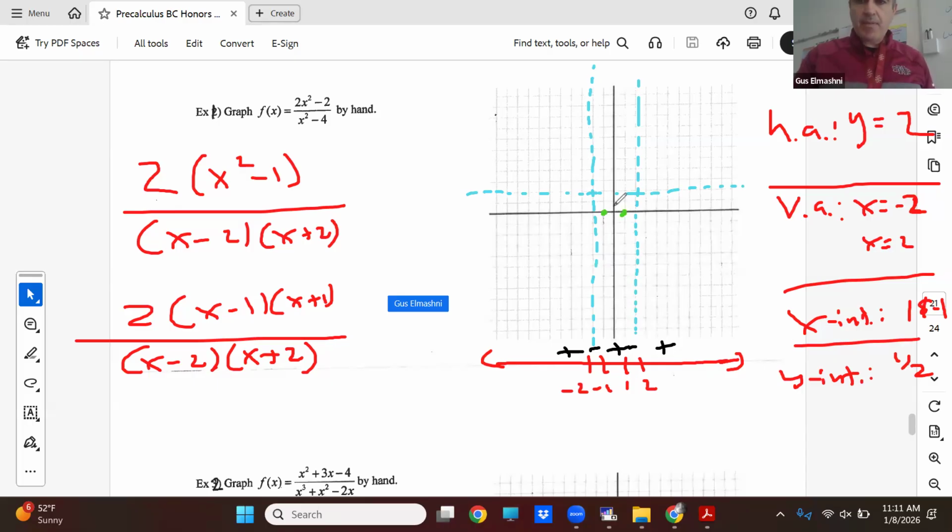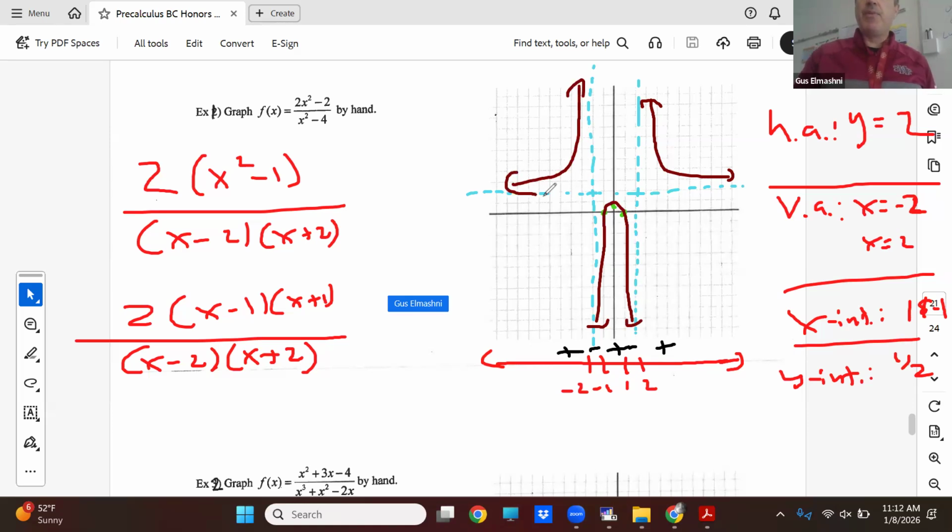And 1/2. And I'm going to get a little lazy here. I'm not going to plot any more points. You should actually. I'm getting a little lazy. I should plug in -3 or -4, but it's okay.